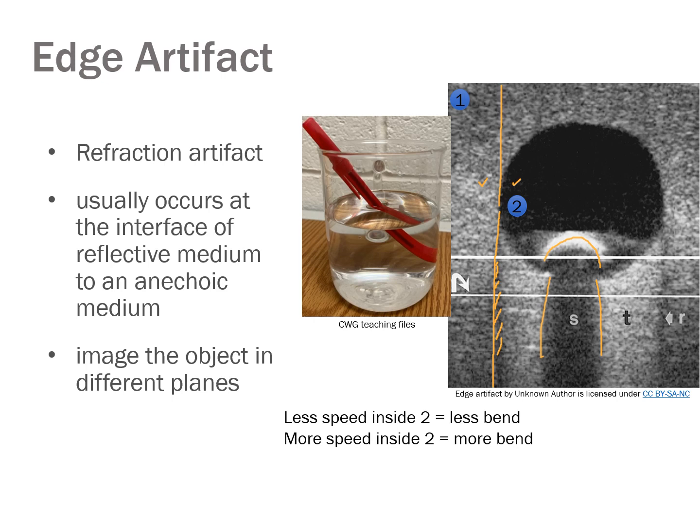It's creating posterior acoustic enhancement right in these two areas, and it's creating an edge artifact by bending the sound in these areas, and the sound is coming down, hitting the edge with the impedance difference and deflecting it out wide like this, so that there's very little sound coming back from this edge, and that's known as an edge artifact. Also a refractive shadow.